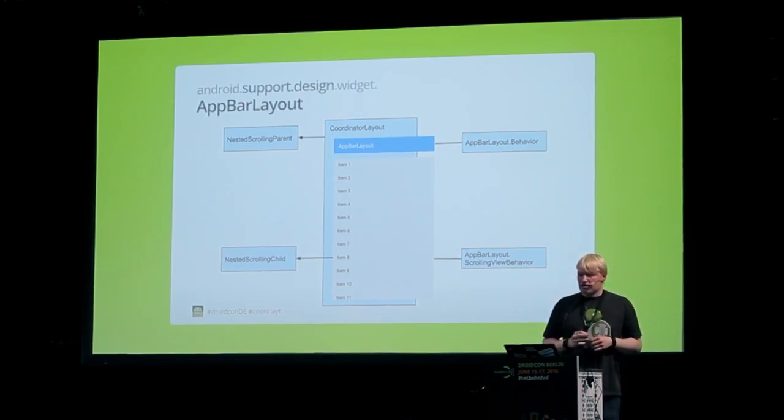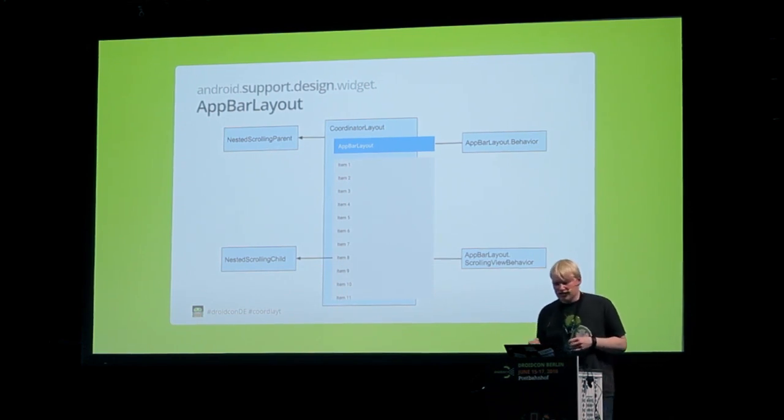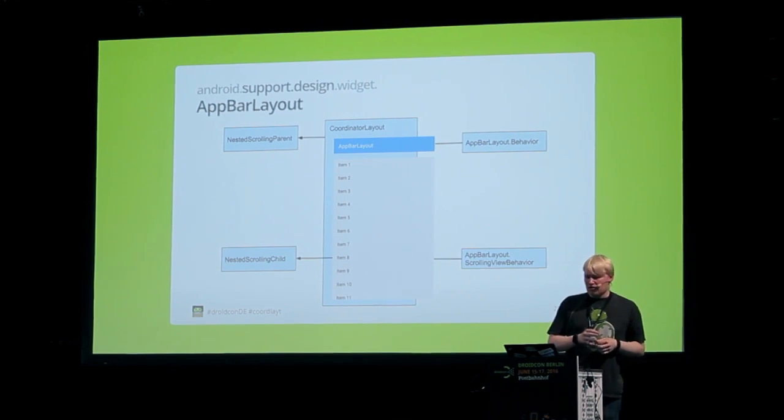What's also interesting here, and this is why you need to apply a behavior to your scrolling view, that is the ScrollingViewBehavior, is that it is just a behavior that listens to position changes on the AppBarLayout. So it sees the AppBarLayout gets animated out, and that means the RecyclerView should also change its position so it replaces the AppBarLayout.